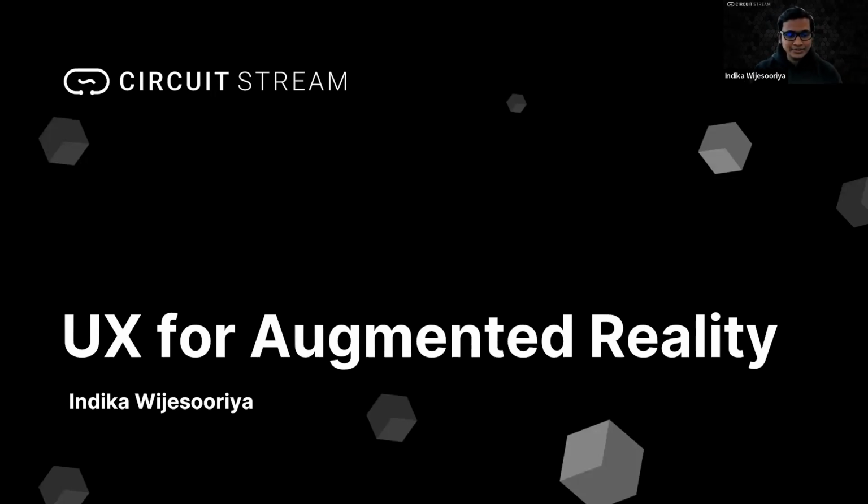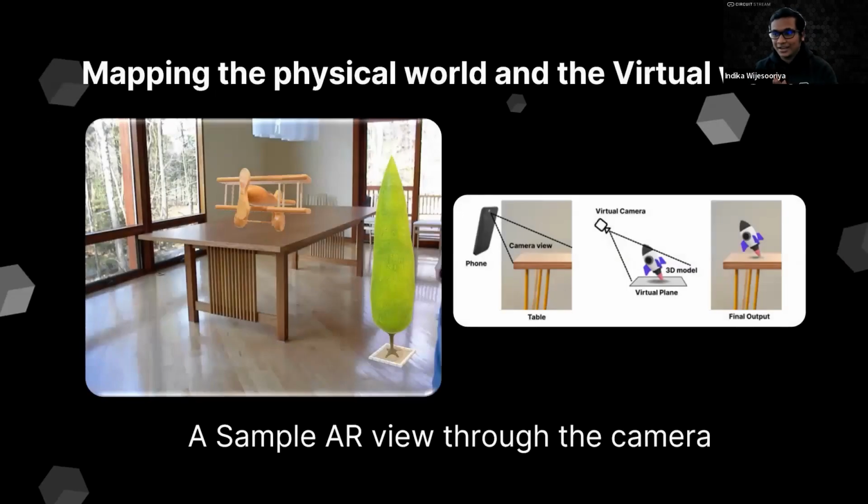So when it comes to augmented reality, what you basically see is an illusion, right? You see the final output like this. For example, you can see there's a table and you can see this 3D model of a tree. And also there's a 3D model of a plane on top of the table. But in reality, what the camera sees is a plane, like you're in front of a movie theater.